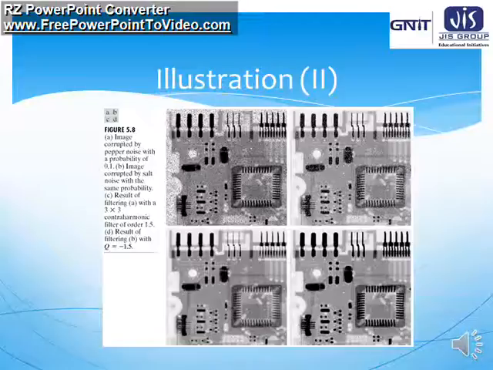So we can see the quality factor Q is once 1.5, and in the last one it is minus 1.5. So we can see the corresponding output of these noisy images. One image has salt noise, and another image has pepper noise. Both of them are very much cleared using this type of contra harmonic filter. So the output image is restored from the distorted input images.